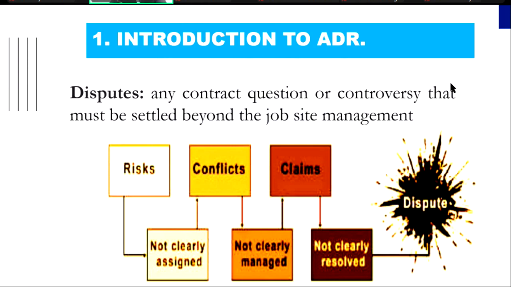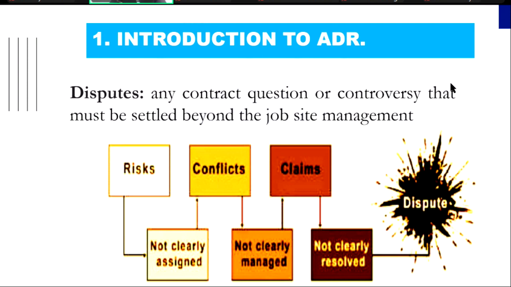When these risks are not clearly assigned to the people that are able to handle them, for instance, when you bring in a contractor under the FIDIC Red Book, the 1999 one, the responsibility of design lies with the client. If you shift that to the contractor, is the contractor able to handle the risk of design? And if he is not able, then who is appropriate to handle the risk?